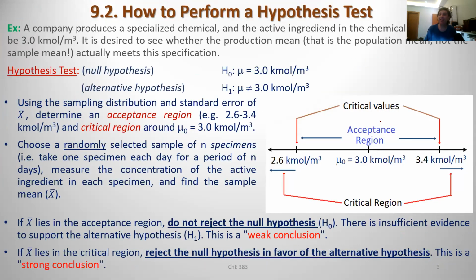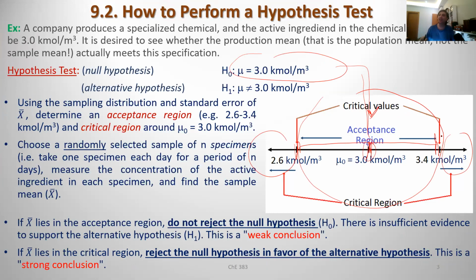The only way that we can construct something like this is if we have this value here exactly, and this is given by the null hypothesis. If you don't have this exactness here, then you will not have an exact acceptance region and an exact critical region here. And if you would not have that, then you would not be able to conduct this hypothesis test. That's why equality is to be put in the null hypothesis.